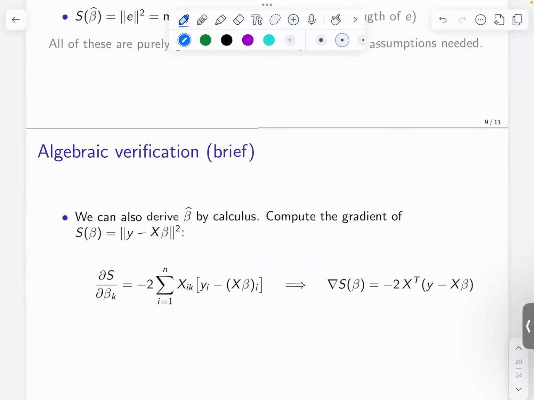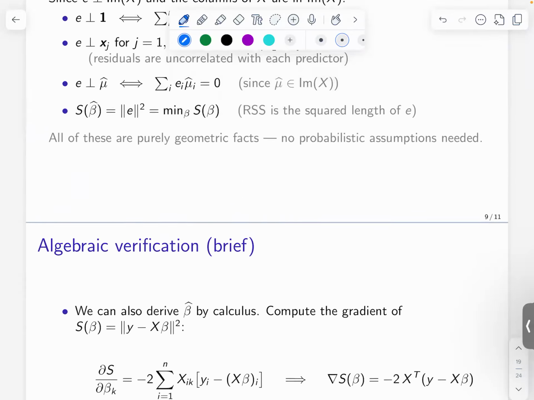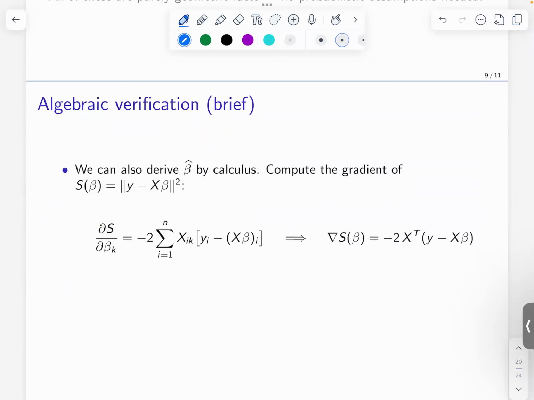Okay, I thought I had covered most of the things, but we have one more thing to discuss. There's an algebraic verification of this fact. If you didn't know about projections, you could just write down this cost function and use calculus. I have a multivariate function of beta, and I want to minimize it.